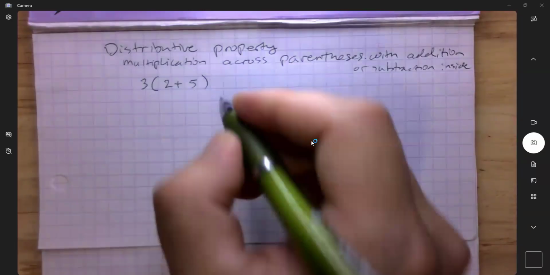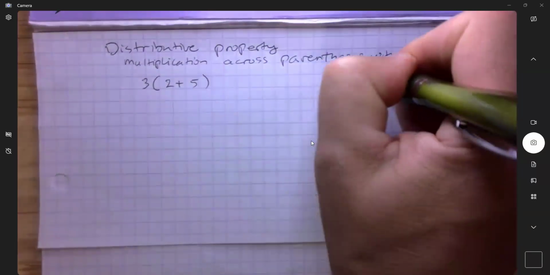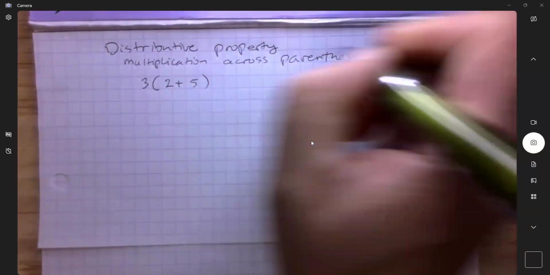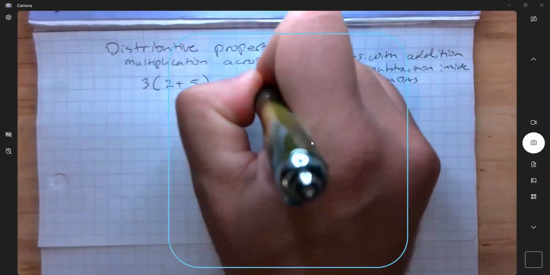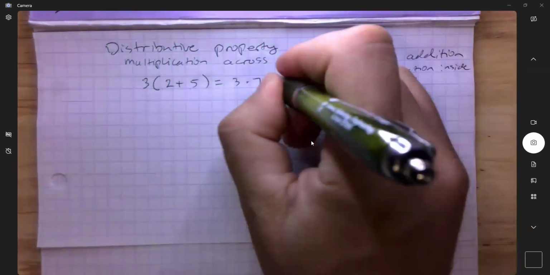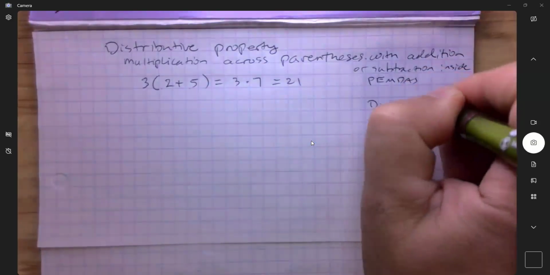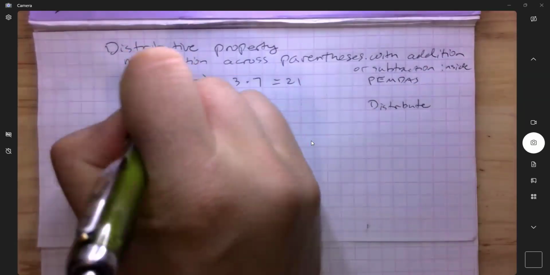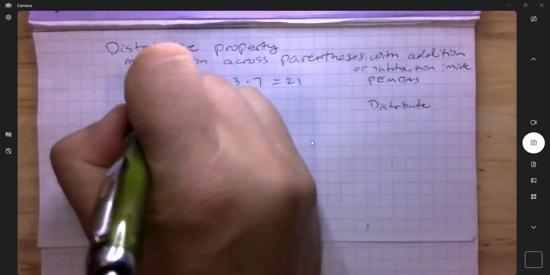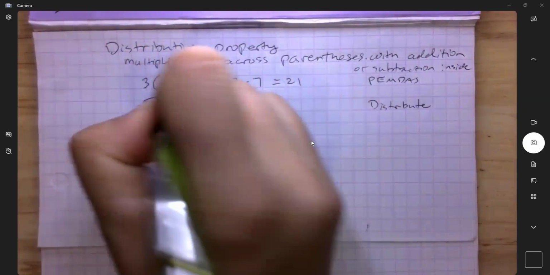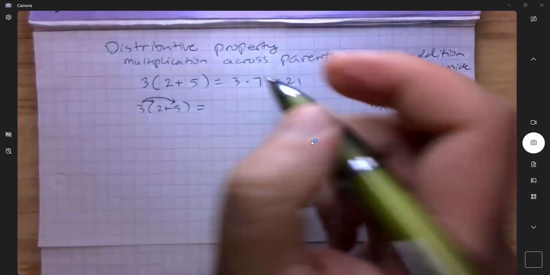Now, if I just wanted to do PEMDAS, I would do what's in the parentheses first, so that would be 3 times 7, which is 21. But if I wanted to distribute, then I would do 3 times 2 plus 5. That 3 multiplies by the 2. That 3 also multiplies by the 5.